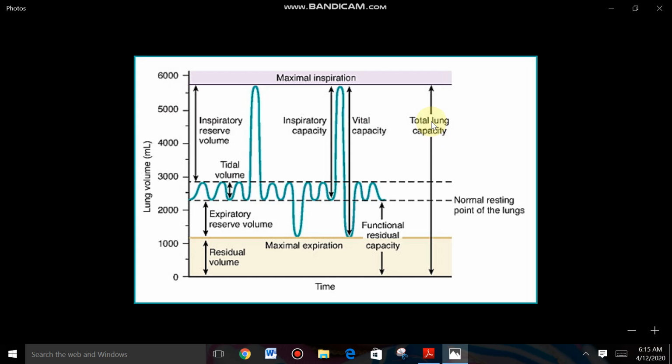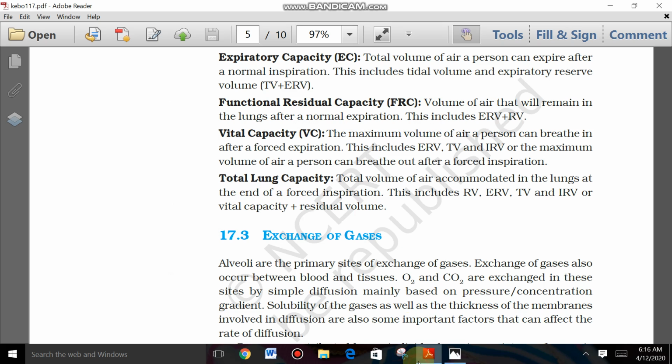So here, total lung capacity means, from here to here we already discussed, that is VC. Total lung capacity means VC plus RV, right? So TLC is equal to VC plus RV. Otherwise you can give the formula for TLC as IRV plus TV plus ERV plus RV. Understood or not? Right?